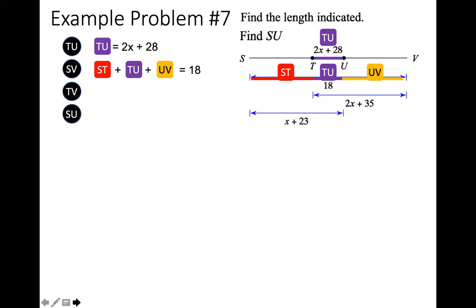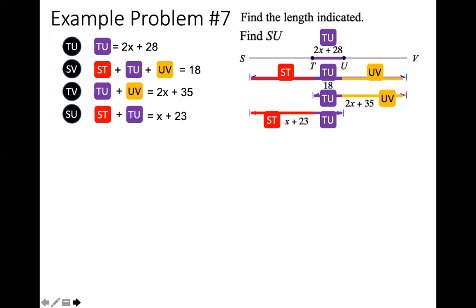So now I've created an equation for the top line of my diagram, and an equation for the second line, and I'm going to do it for the last 2. TV is made up of 2 sections, a purple TU and a yellow UV, and together those 2 add up to 2x plus 35. And the final equation I can use for my segment addition postulate is SU, which is the combination of ST, that red part, and TU, that purple part.